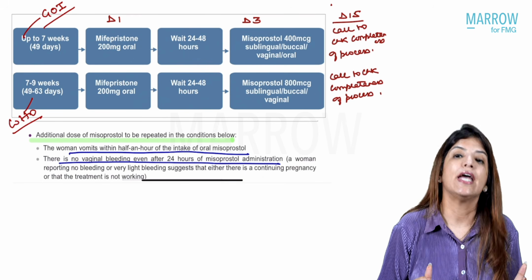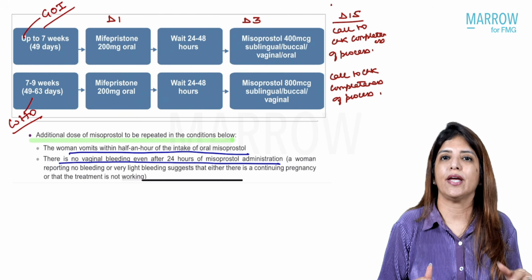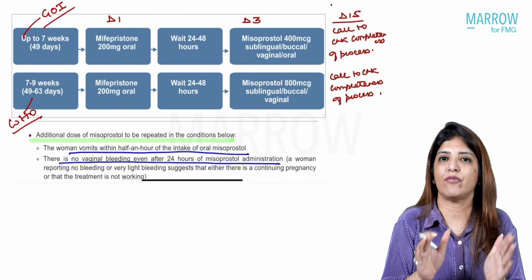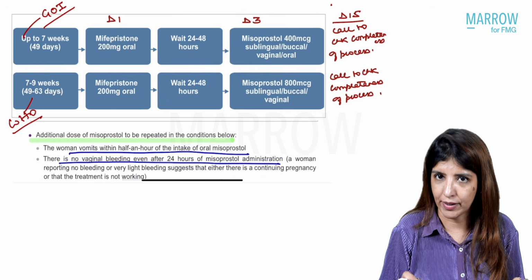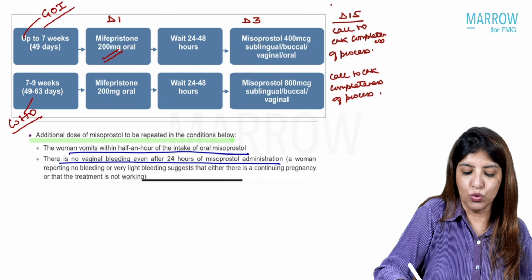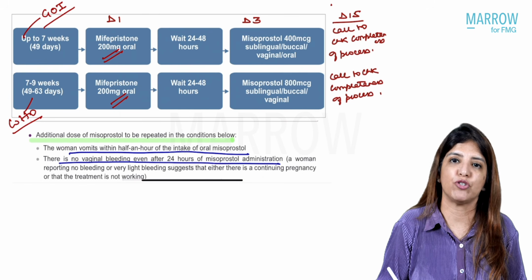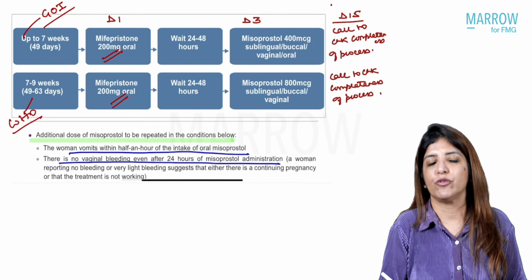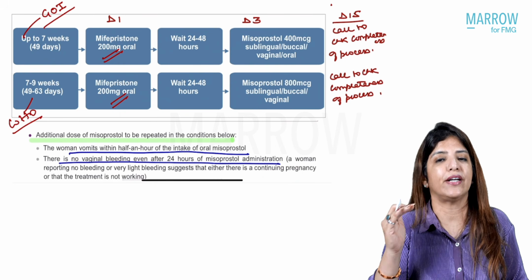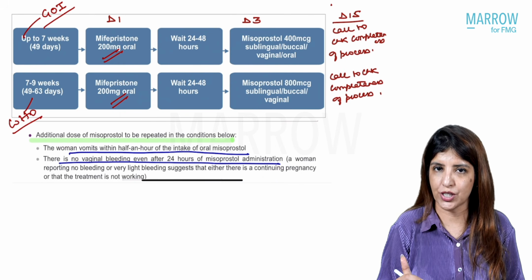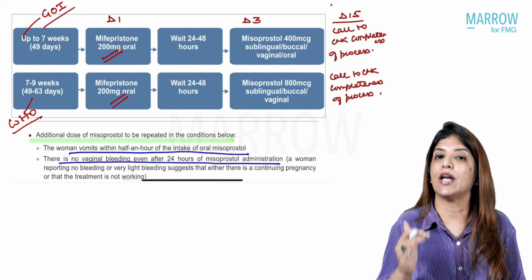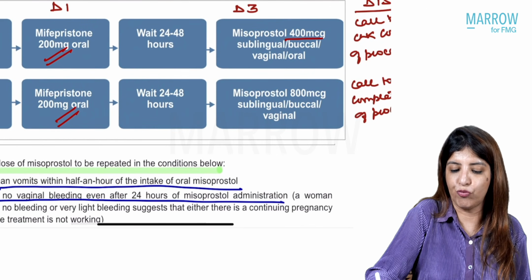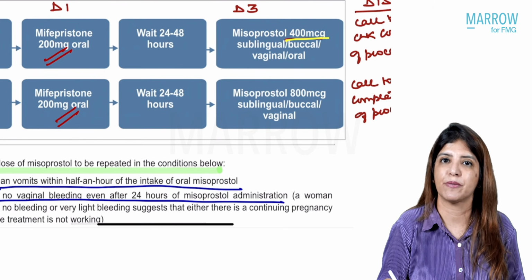Now, whether you are doing medical abortion up till 7 weeks or between 7 to 9 weeks, on day 1, in both these cases, you give mifepristone 200 mg tablet, 1 tablet orally, right? Then you wait for 24 to 48 hours and then on day 3, you have to give misoprostol. If you are doing medical abortion up till 7 weeks, the dose of misoprostol which you have to give is 400 micrograms, right?